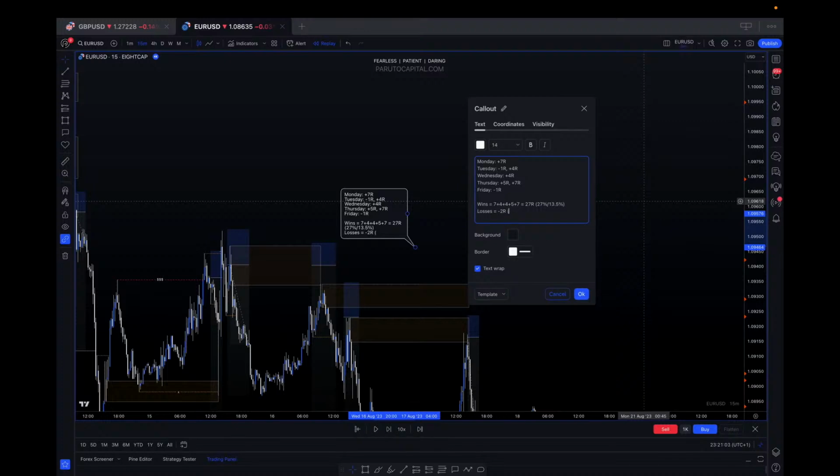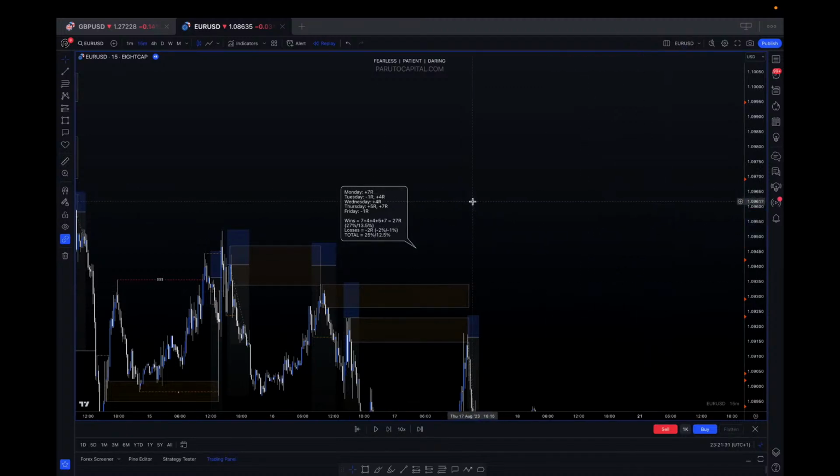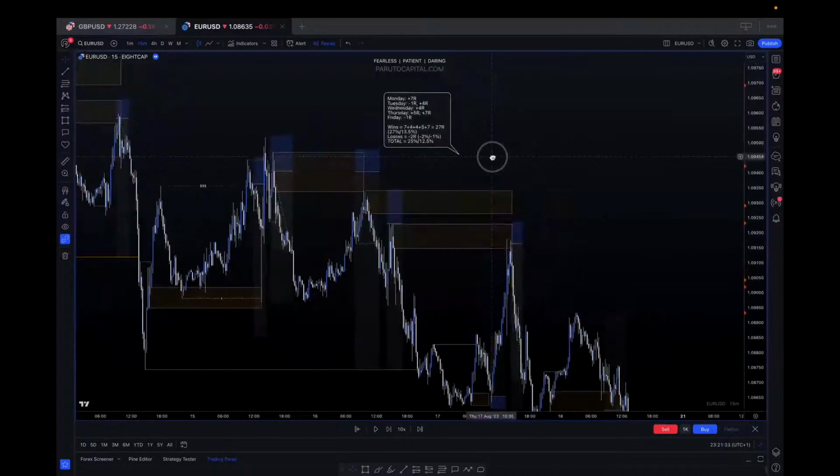And then the losses, of course, will be minus 1, minus 2%, if you're risking 1%, or minus 1%. Okay, so at the end of the day, the total will be what? Total is going to be, yeah, so either 25% or what is this? 12.5%. And that is essentially it. Okay, so this is the roundup, okay, for the entire week.